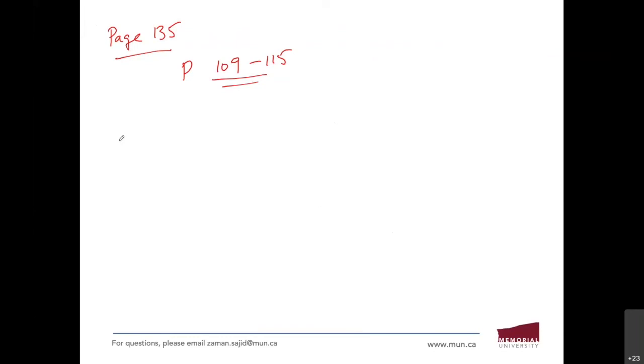But before, I will just write down how you can solve this in Excel. So the formula for Weibull distribution in Excel is WEIBULL.DIST. This is the formula that you need to type in.